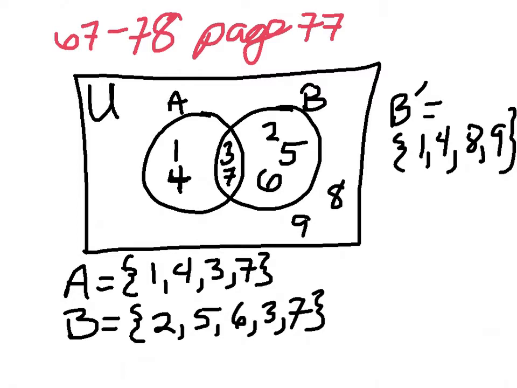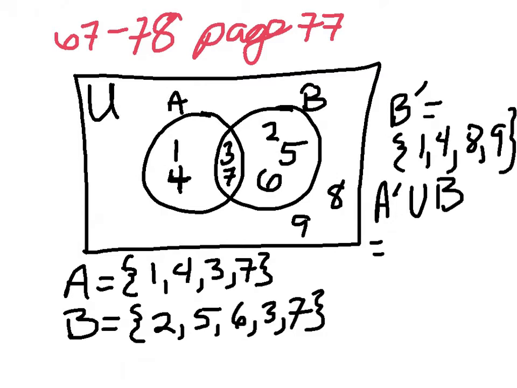Another example would be to do a union. How about A complement union set B? Alright, so what's that equal to? Well, we have to observe what we're looking at here.